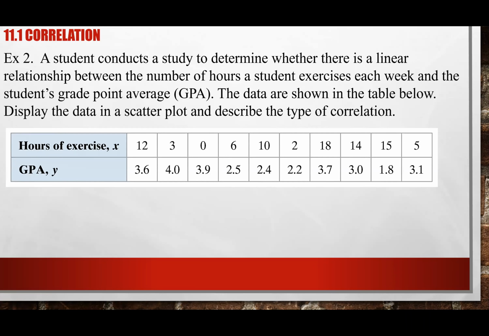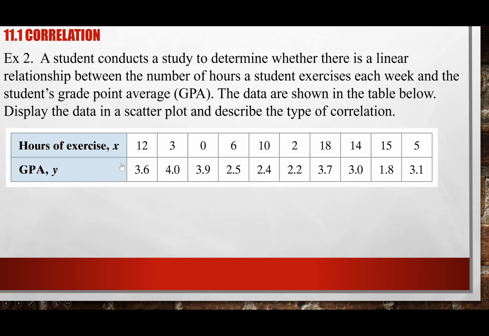Find the scatter plot and then describe the correlation, or basically find your correlation coefficient. So we have this data, they give you the X, which is your hours of exercise, 12 hours a week, 3 hours, 0, that's me, right? 6 hours, 10 hours, 2, and so on, right? And then the GPA, which is again the Y value.